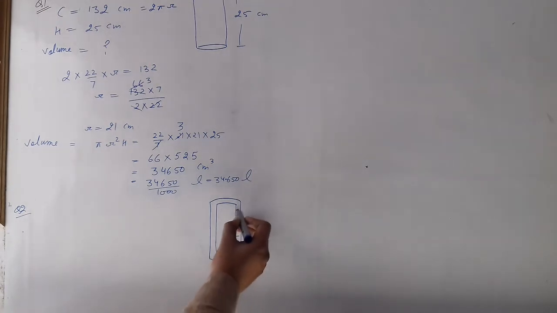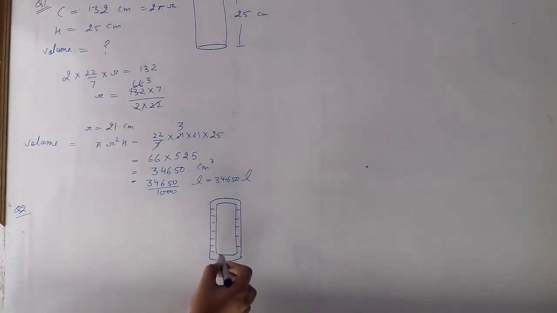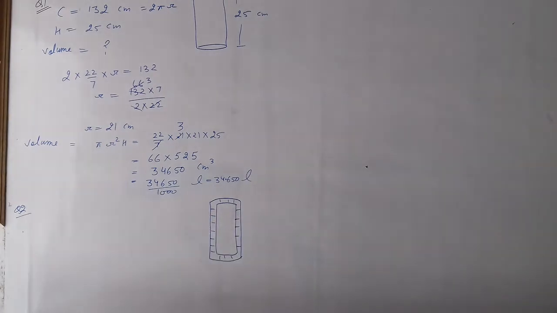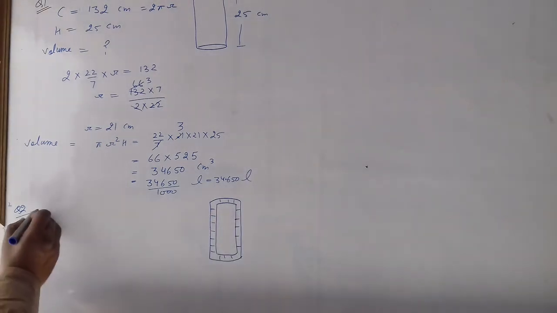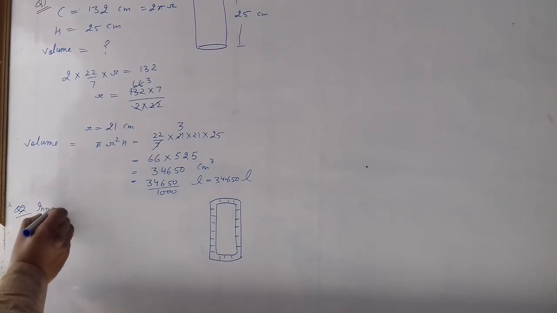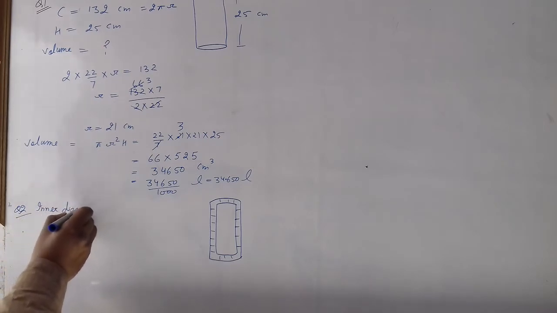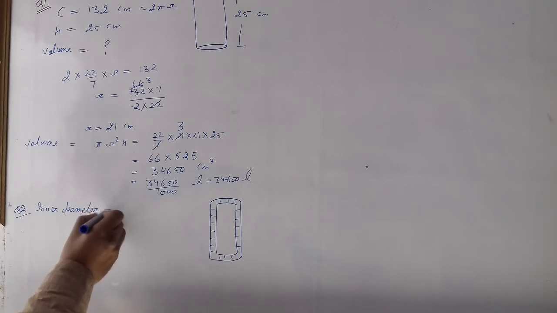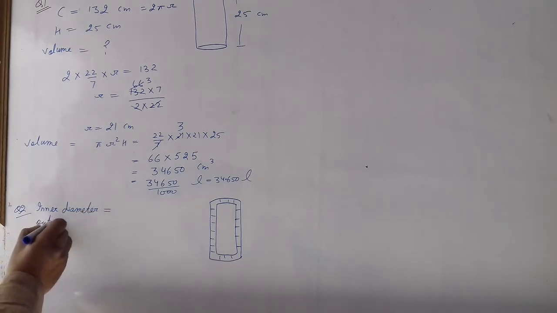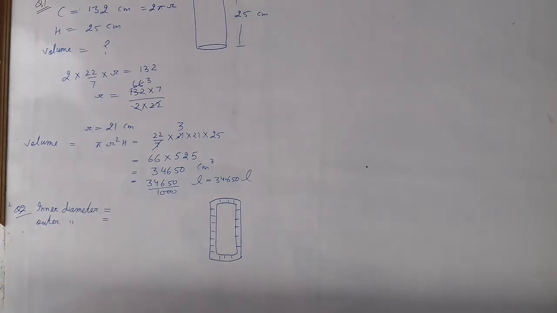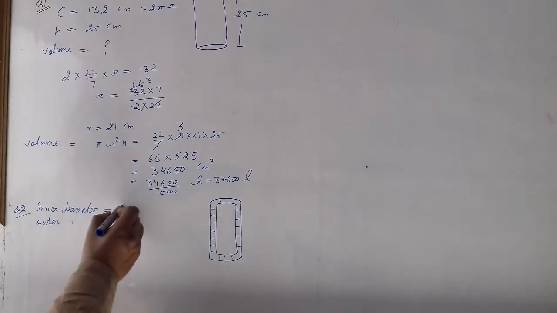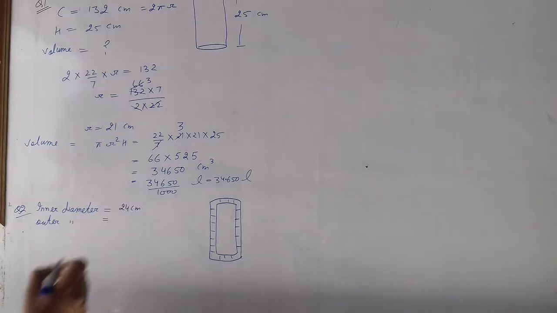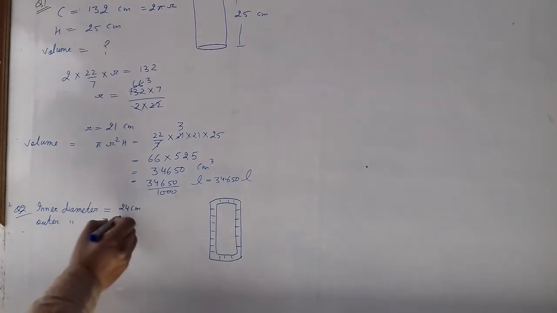This one is the thickness of your pipe. So you are given inner diameter and outer diameter. Inner diameter is given 24 centimeter and outer diameter is 28 centimeter.